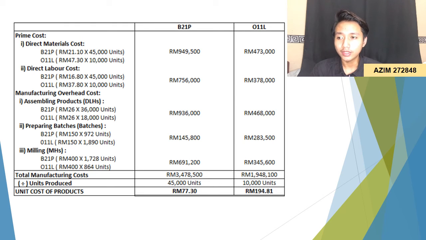So, 26 ringgit times 36,000 units, so we get 936,000 ringgit. While for the job O11L, it is 26 ringgit times 18,000 units, so we get 468,000 ringgit.